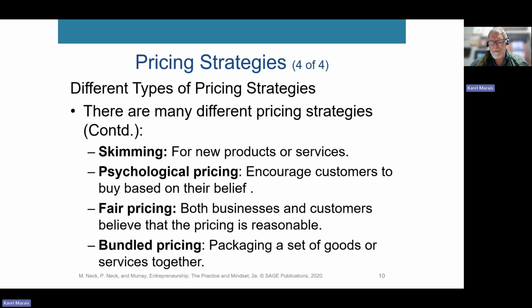And then you get the bundled pricing, which I think is the last one we're going to deal with tonight. It's where you're packaging a set of goods or services together, and they're then sold at a lower price than if they were sold separately. This is not the same as psychological pricing, where you're just randomly bundling things.